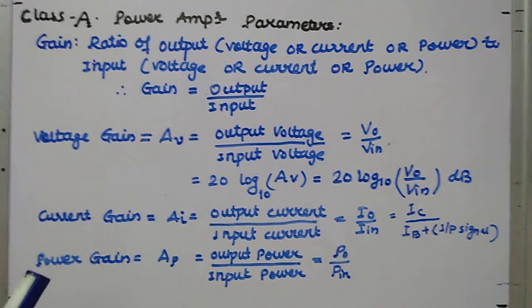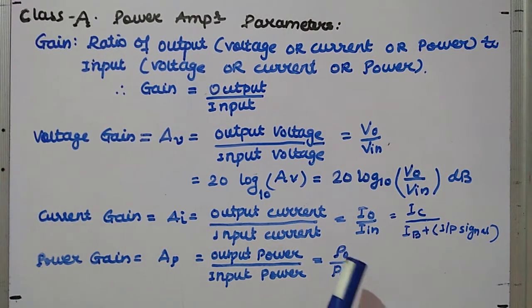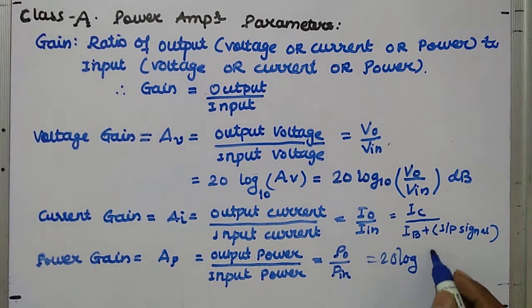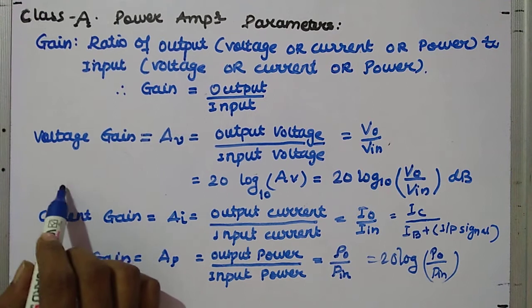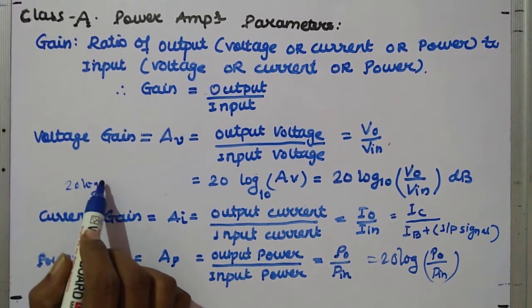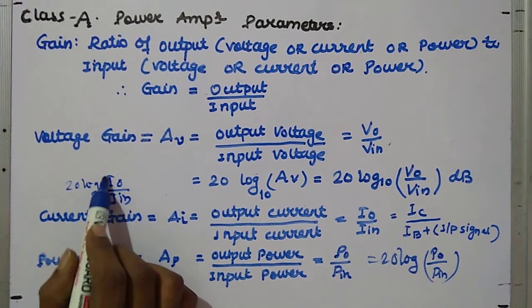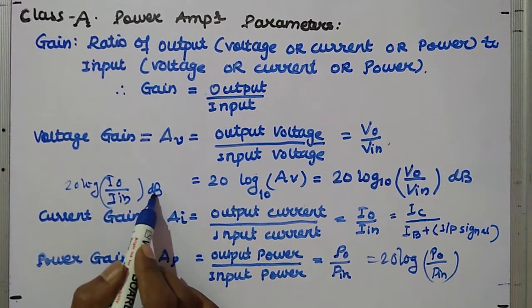Similarly for the current gain, 20 log to the base 10 of output current divided by input current, and similarly for the power gain, 20 log of PO by Pin, and here also 20 log of IO by Iin, in dB.